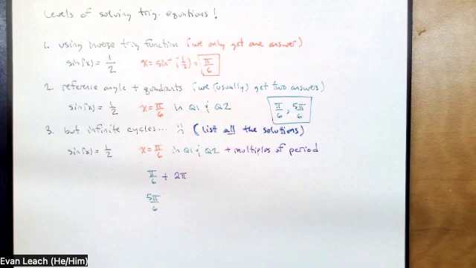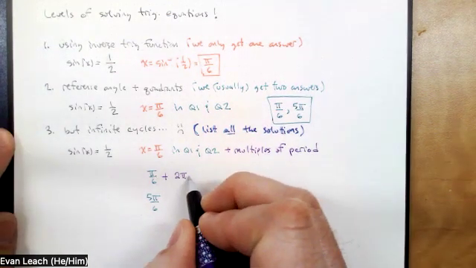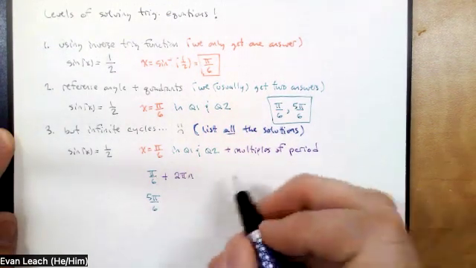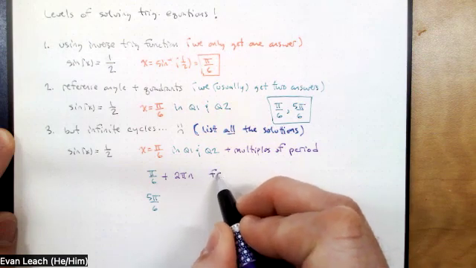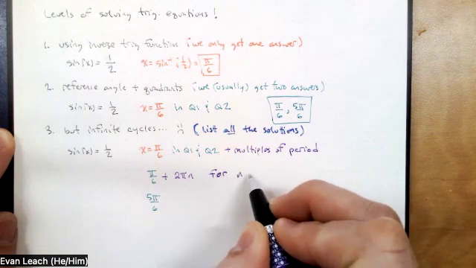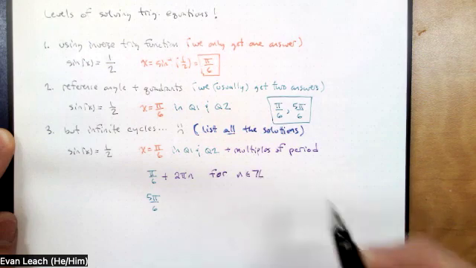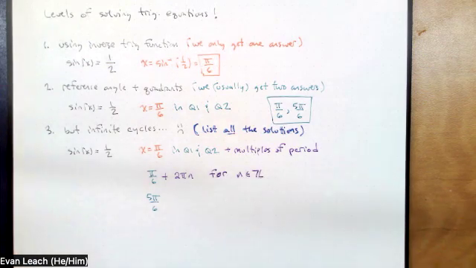Here I've just added 2 pi one time. So if I want to do this a bunch of times, I say plus 2 pi n for n in Z. Z is our abbreviation for integers.